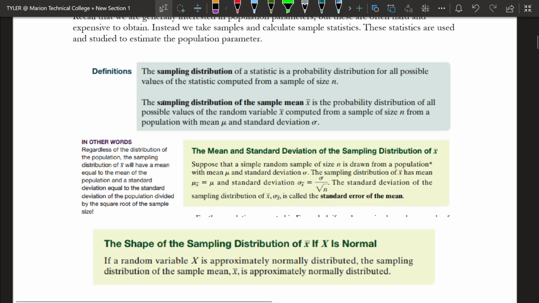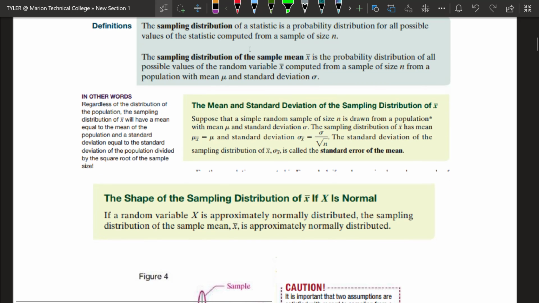And the sampling distribution of the sample mean x bar is the probability distribution of all possible values of the random variable x bar computed from a sample of size n from a population with mean mu and standard deviation sigma, right?